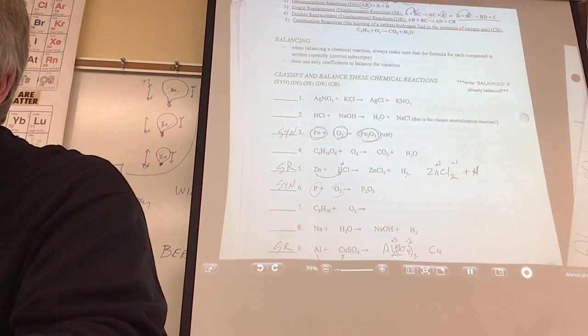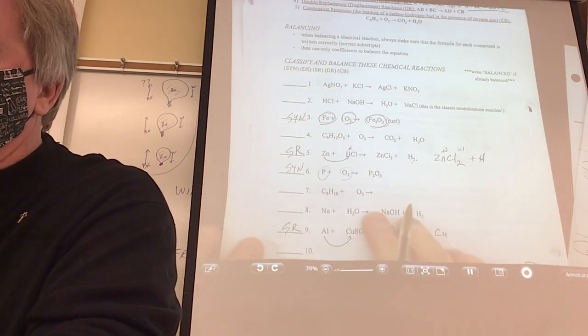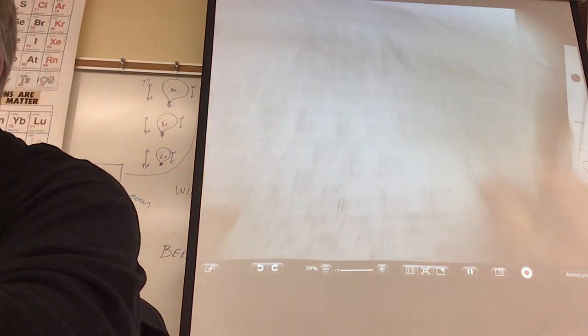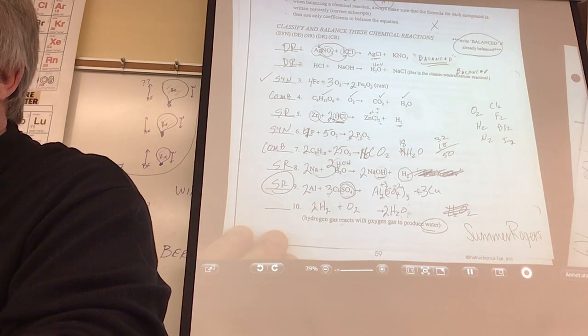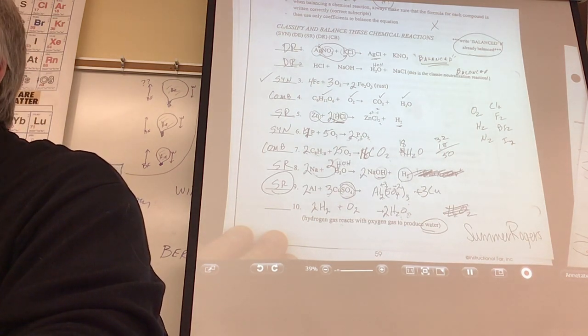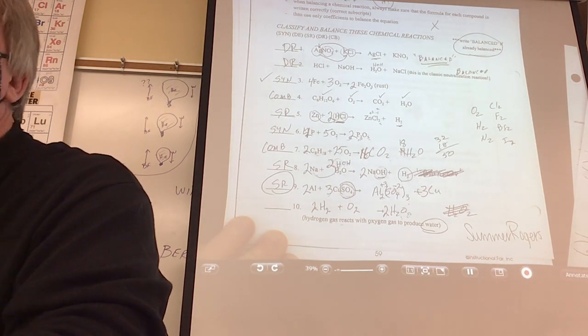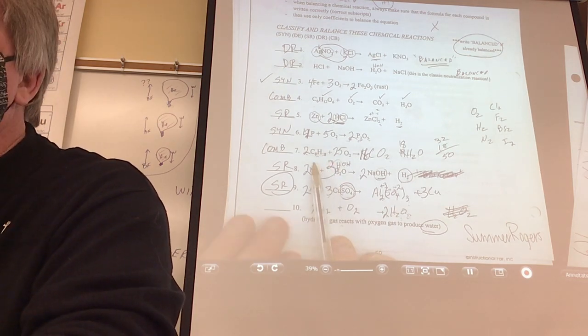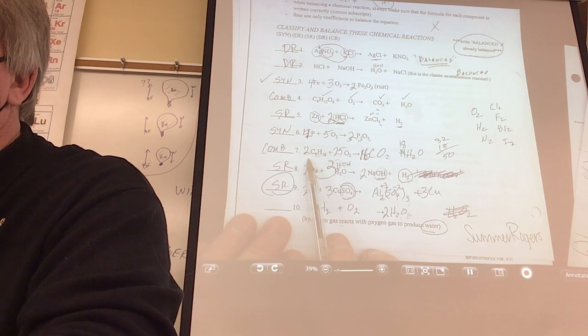There are combustion reactions like this one. There are combustion reactions here, and I need to show you something. I think I let you have a couple minutes, and most of you could not balance this, right? And here's what happens. We have a combustion reaction. Some of them are incredibly easy. But what you want to do here is, I'll show you a trick.